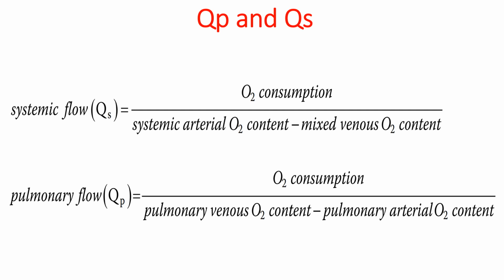Q means flow and P pulmonary, so QP is the pulmonary blood flow and QS is the systemic blood flow, and we can use the oxygen saturation data collected from multiple sites during the cardiac catheter to measure the QP and the QS. And the difference between the QP and the QS is the shunt actually. So QP minus QS, this is the shunt.